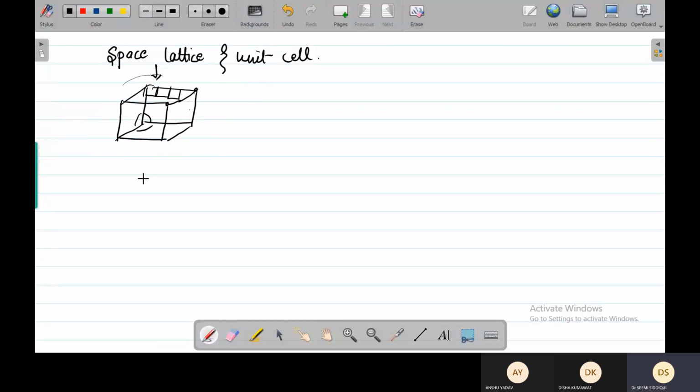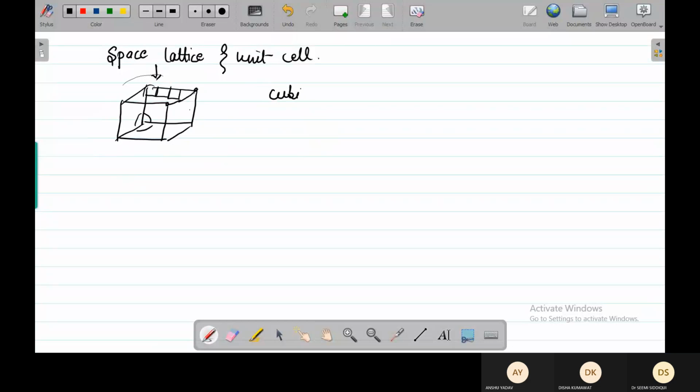Now, further we have the crystal system. On the basis of the axial distances and the axial angles between the edges, various crystals are divided into 7 systems.